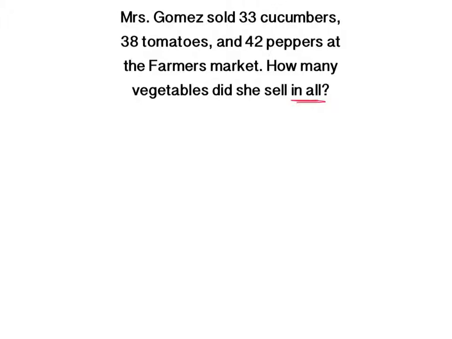So the first thing we need to do is line the numbers up by our place value. Okay, so let's look at them all. We have 33 cucumbers, 38 tomatoes, and 42 peppers. Okay, so let's take our pen tool, and I'm going to write them down. 33 plus 38 plus 42.